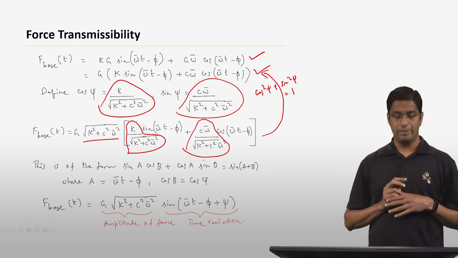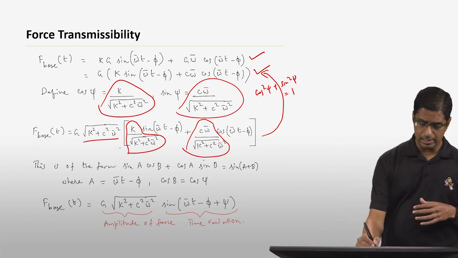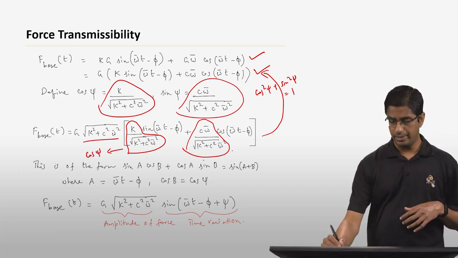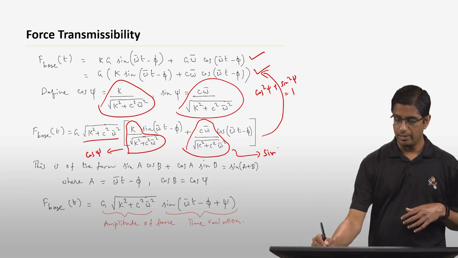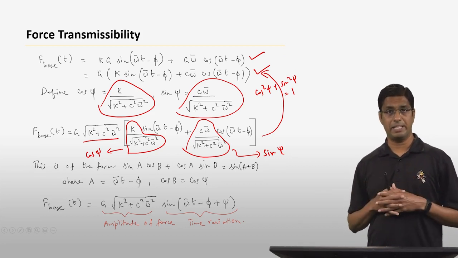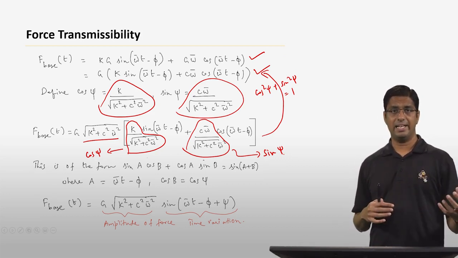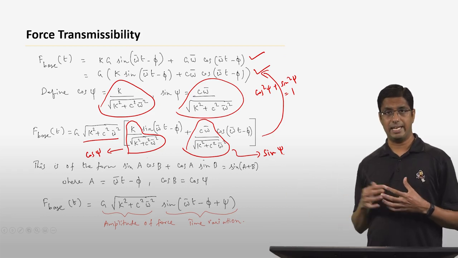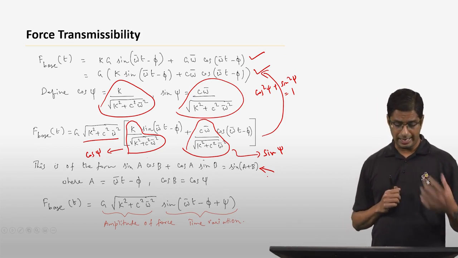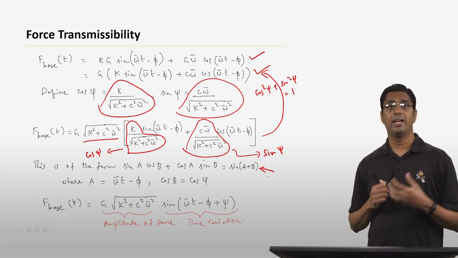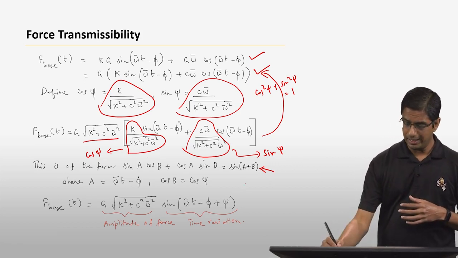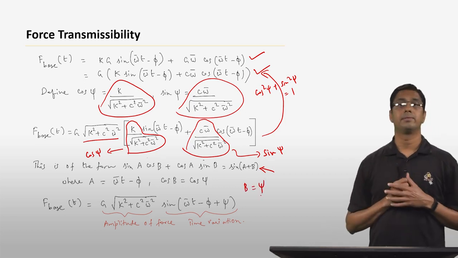Now, if you look at this particular equation, this term here is nothing but your cos psi, and this term here is nothing but your sin psi. If you look at the form of this expression, it is of the form sin A cos B plus cos A sin B, which we know is sin of A plus B. In this case, A is omega bar t minus phi, and B is psi.